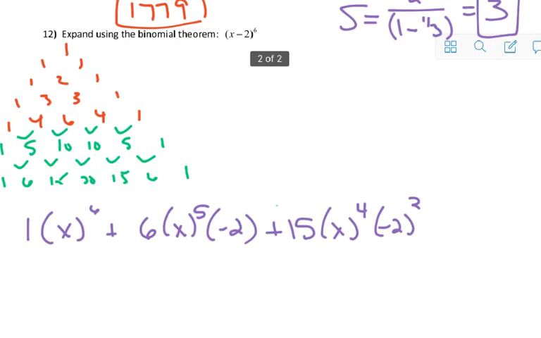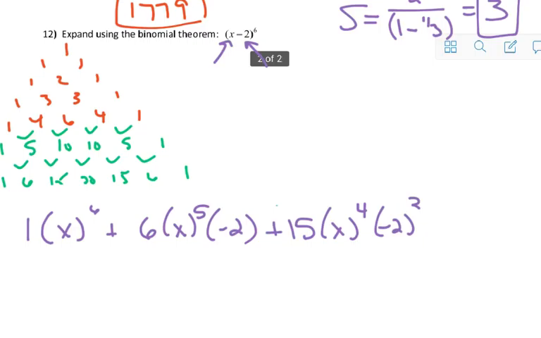Remember, in the binomial expansion, the first term starts with the largest exponent and each consecutive term goes down by 1. The second term, which you need to be careful, it's -2, doesn't appear in the first term, but after that, each consecutive term goes up by 1 exponent.